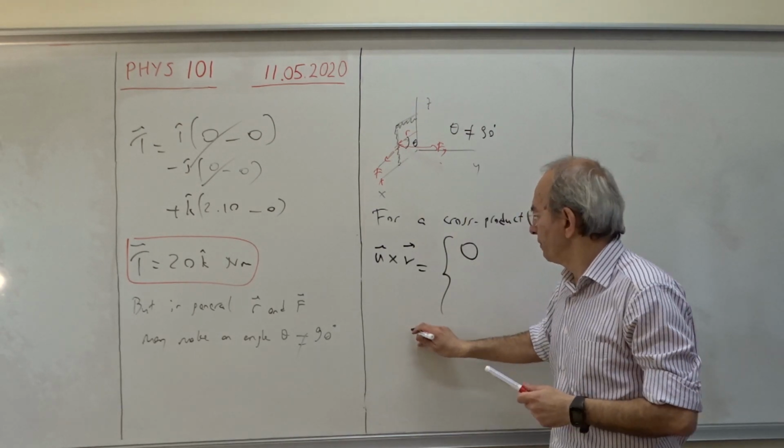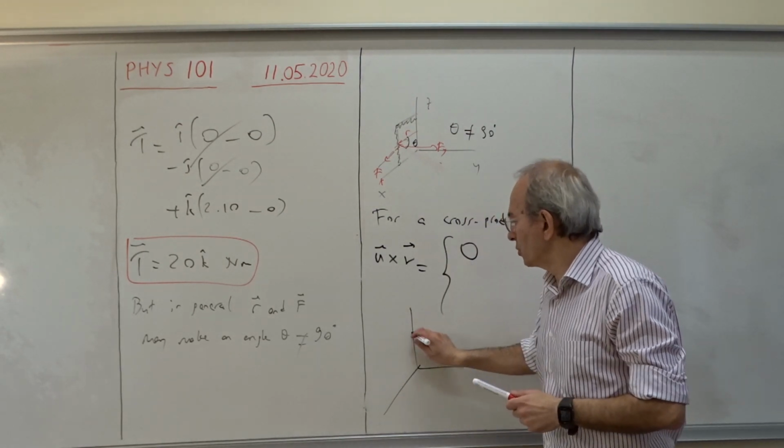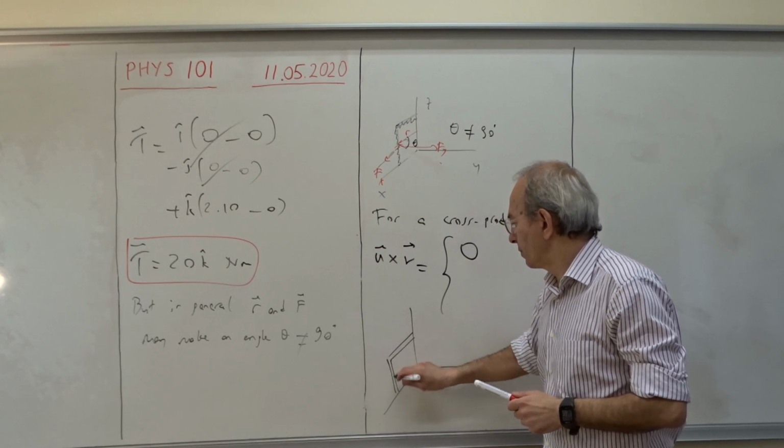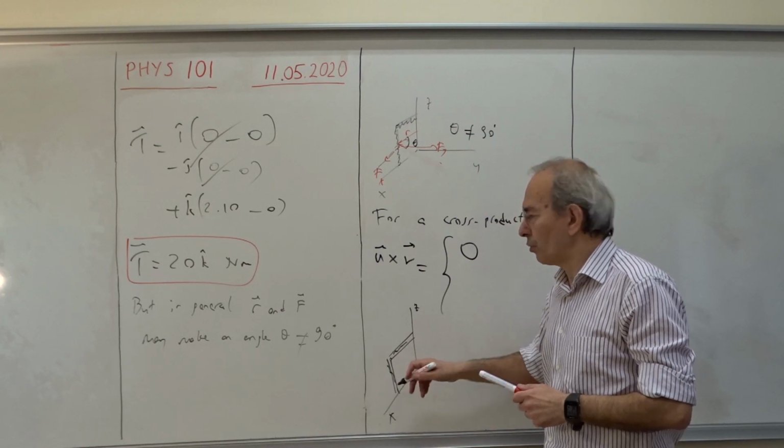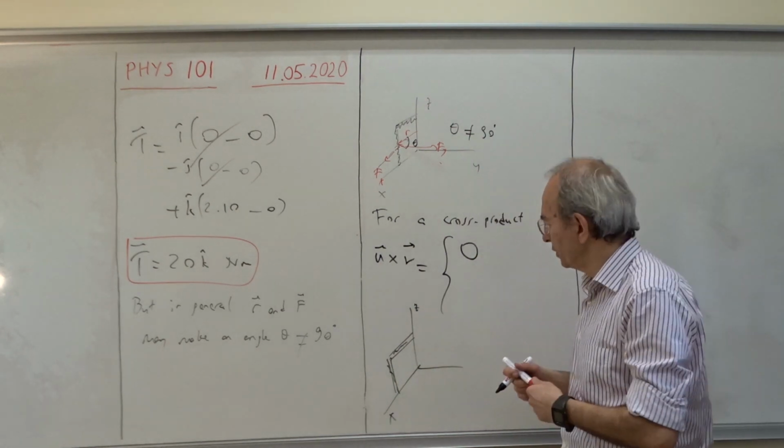Let me draw it here. This is the door in the XZ plane. Let's say it's a glass door, for instance.